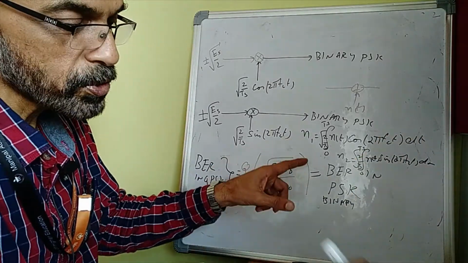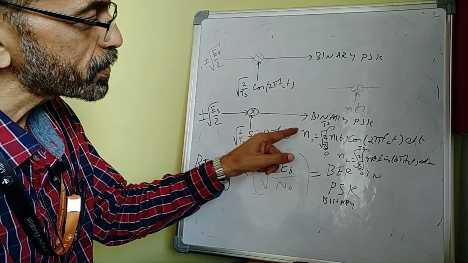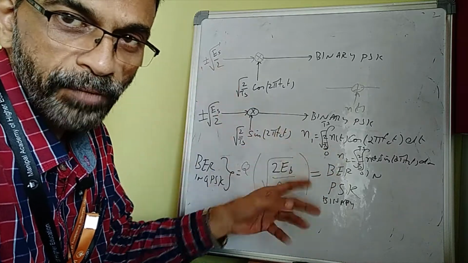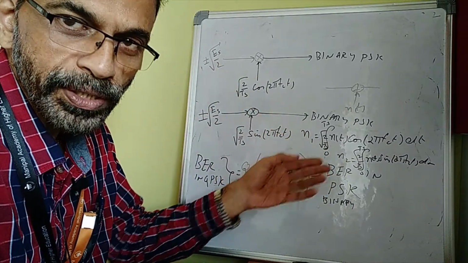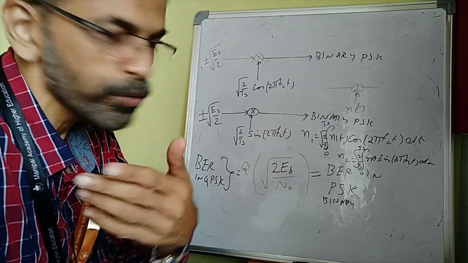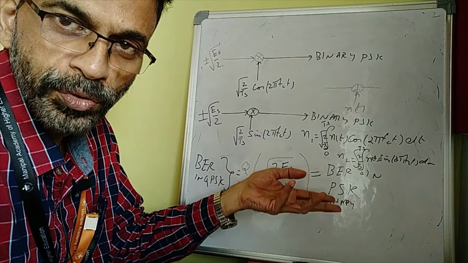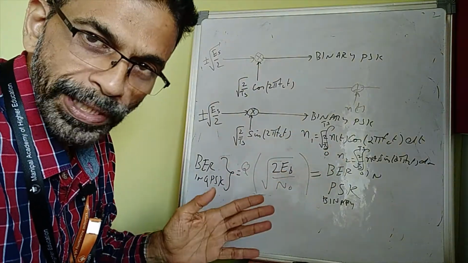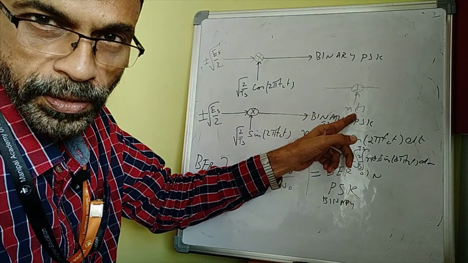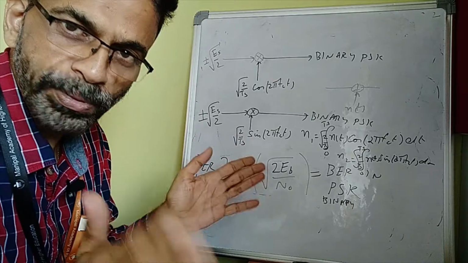Now it can be shown that if you calculate the correlation of n1 and n2, the expected value of n1 into n2 conjugate, n2 is real here, so conjugation is not necessary. If you do this simple exercise, you can show that the correlation is 0. So n1 and n2 are not correlated to each other, and since n(t) is Gaussian, n1 and n2 are Gaussian, and uncorrelated Gaussian random variables will be independent.